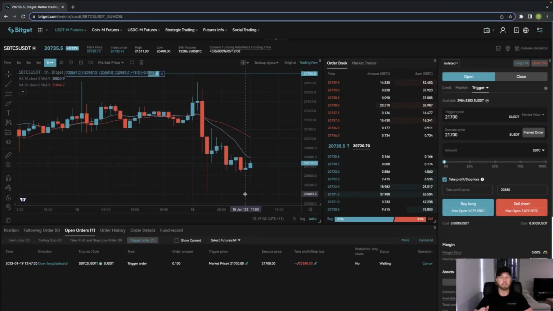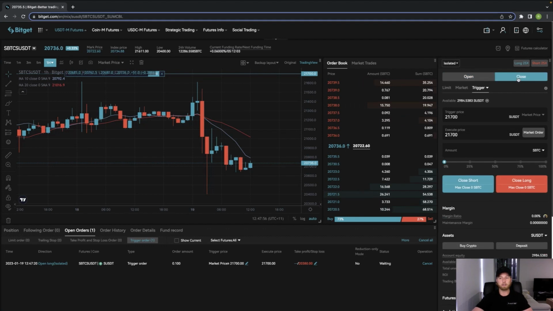Now to place our take profit, what we need to do is go over and click close, and then using a trigger order we set our trigger price at our profit target. So for this example I'll use 21,800, and execute price can be 21,800 as well. Now just remember that our execute price is the price that our order will be placed at.